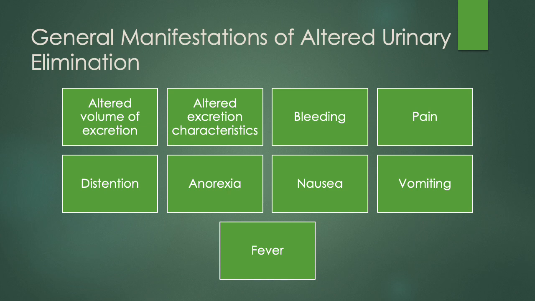General manifestations of altered urinary elimination include distension, nausea, vomiting, fever, bleeding, pain. You have urinary stasis or urinary incontinence, urinary urgency or frequency, and you have altered volumes of excretion as well.